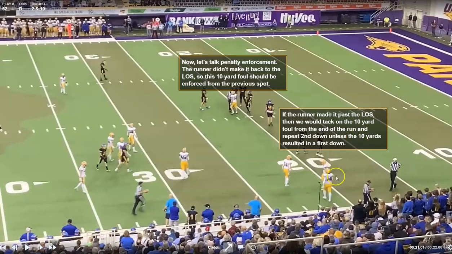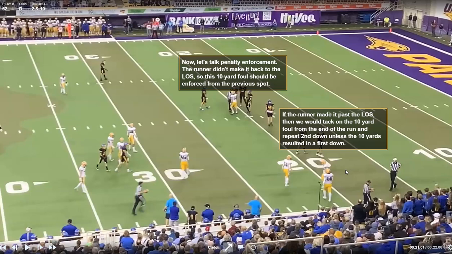If the runner made it past the line to gain, then the basic spot on a running play that ends beyond the line of scrimmage is the end of the run. So if he made it past the 20-yard line, let's say he made it to the 23-yard line, and we say that had that same defensive hold, we would enforce that 10 yards from the end of the run, which would be the 23-yard line to the 33-yard line.